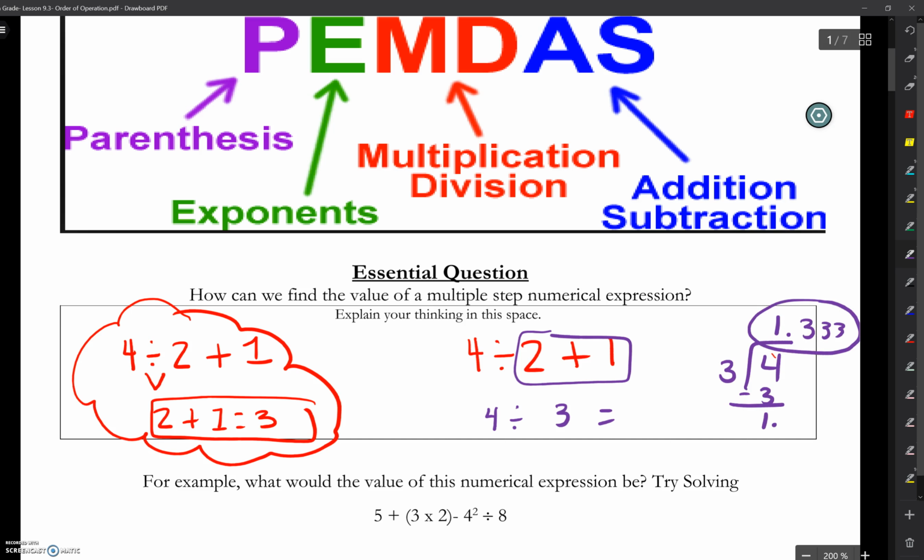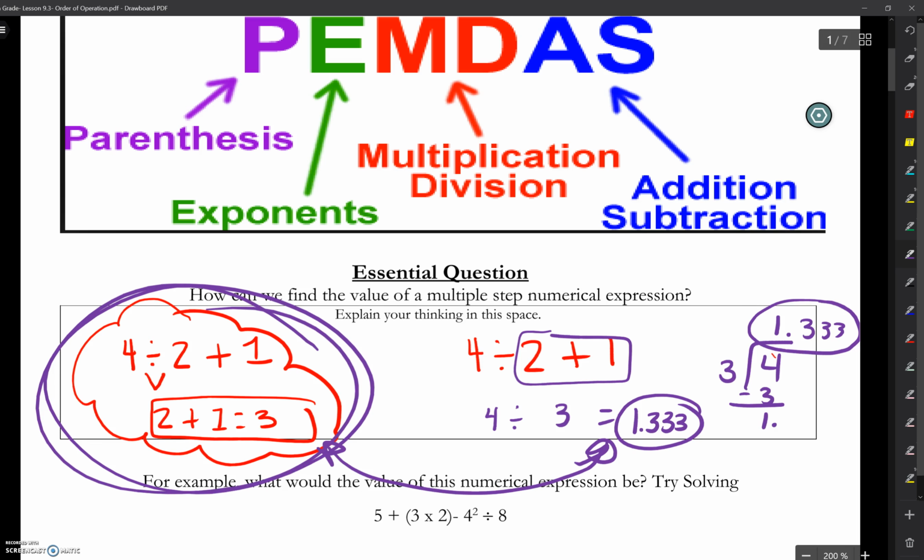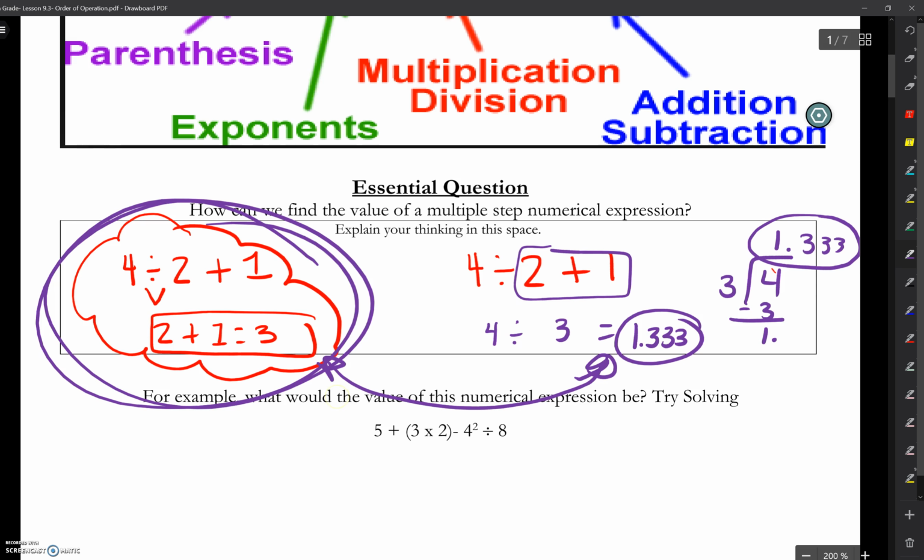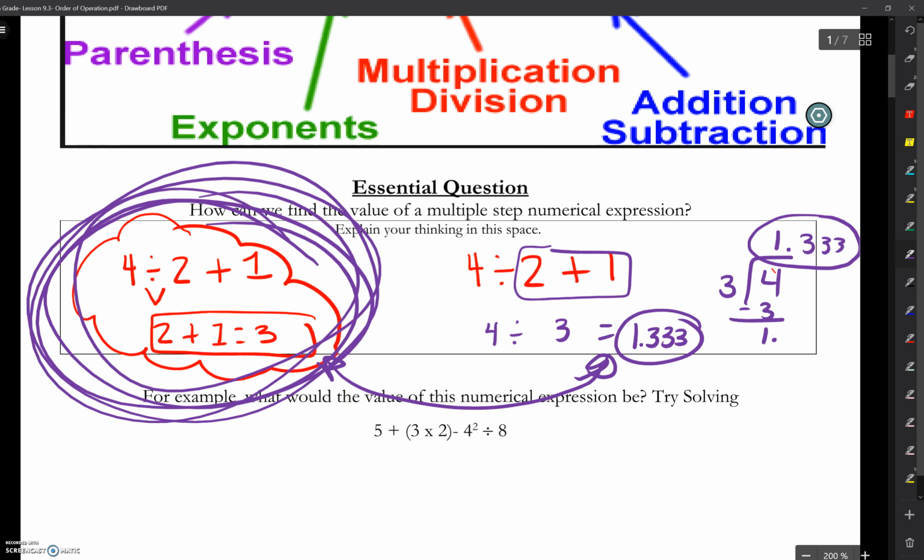So my answer would be 1.333. Now, which one's the correct answer? Before we had order of operations, it could have been either one. And now we came up with the mathematical language that says this is the correct answer. So that is our mathematical language. Anywhere in the world, it'll be solved exactly like this.